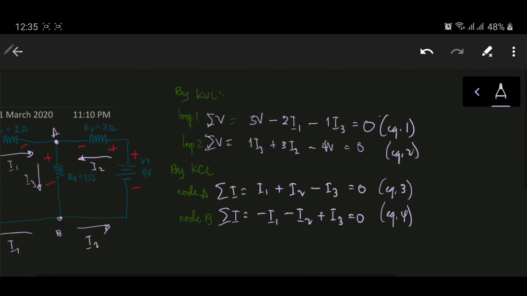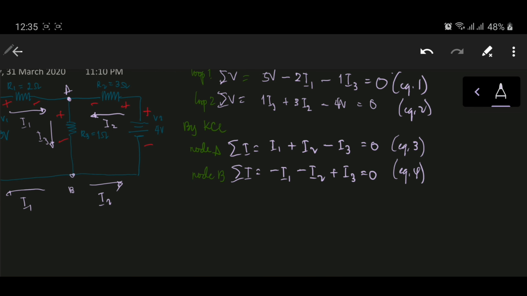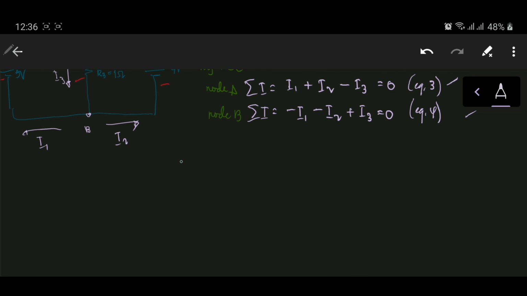So the 3 equations that we're going to use to solve this set of unknowns would either be equation 1, 2, and 3, or equation 1, 2, and 4. It's up to you. I'll just go with using equations 1, 2, and 3.